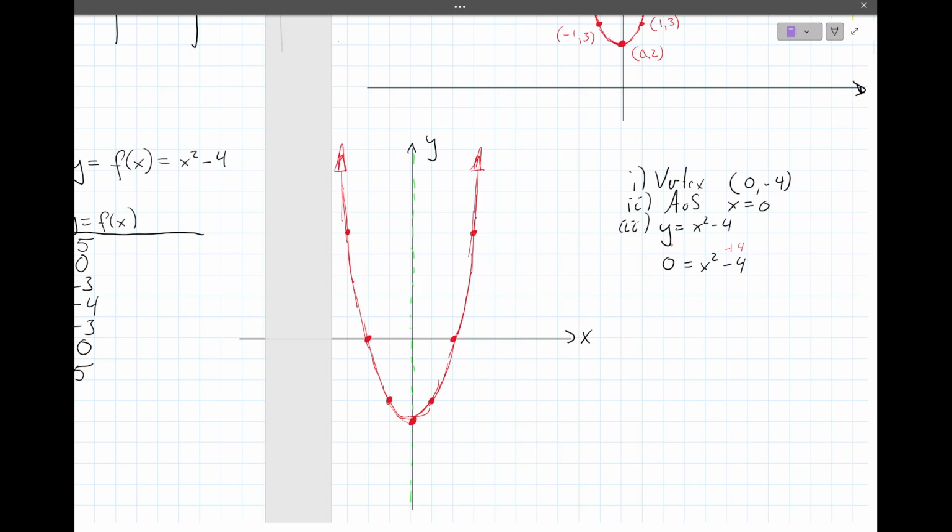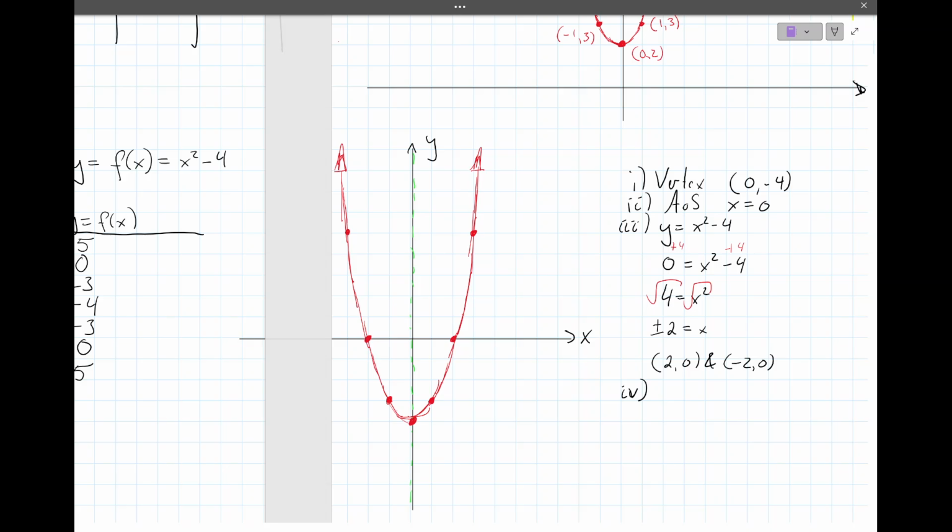Add 4, and then we'll get 4 is equal to x squared. Let's take some roots. We'll take that root, we'll take this root, and we'll get plus or minus 2 is equal to x. So we get our two x-intercepts as 2, 0 and -2, 0. It's just from solving an equation like that that we'll get our solutions.